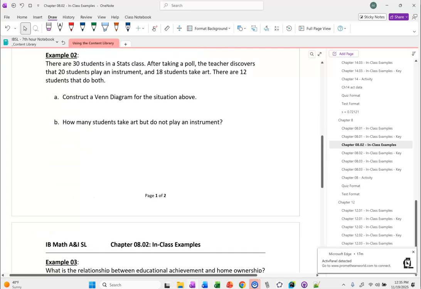There are 30 students in a stat class. After taking a poll, the teacher discovers 20 students play an instrument, 18 take art, and 12 do both. Draw a Venn diagram to represent the situation.